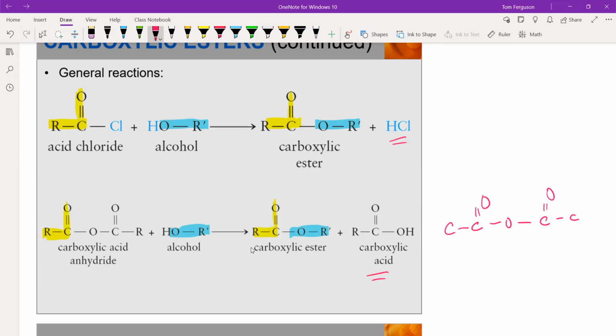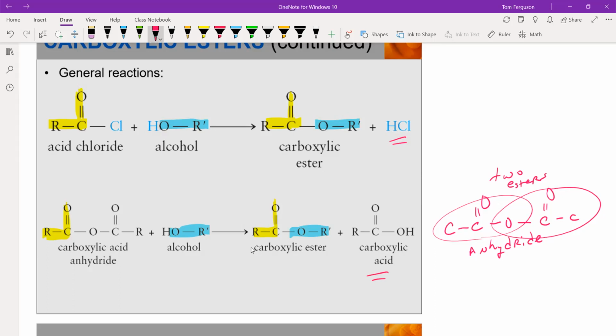Look at a really simple anhydride. Think of this as two esters. When an ester loses its alcohol, it forms its originating acid.